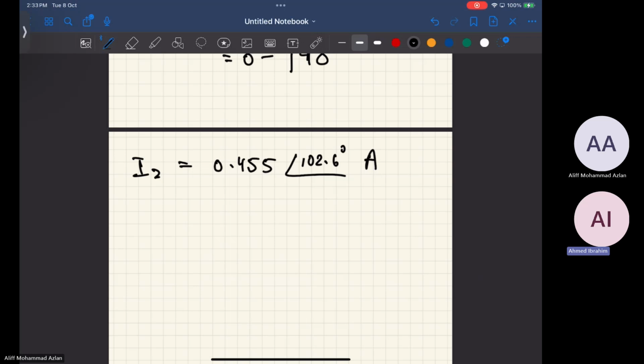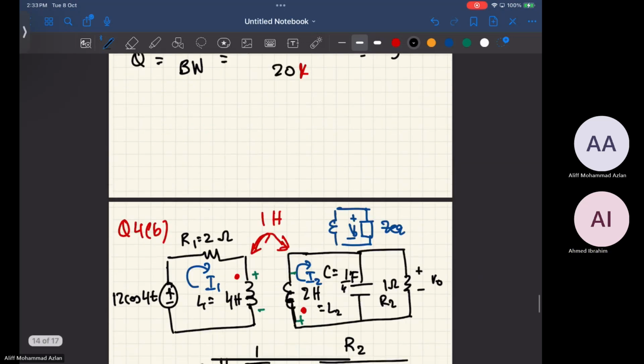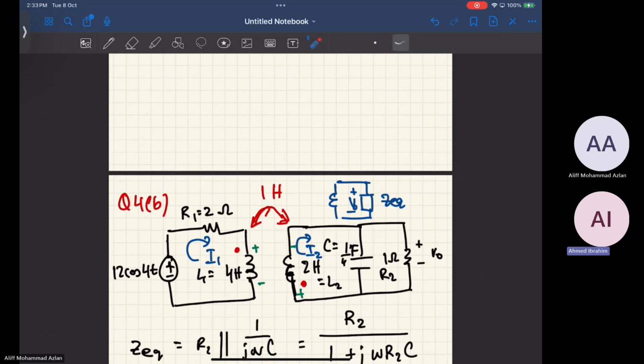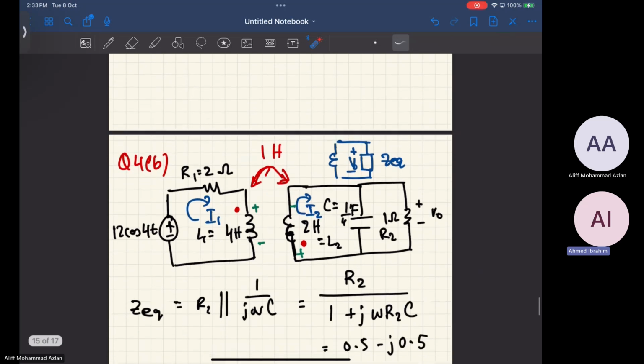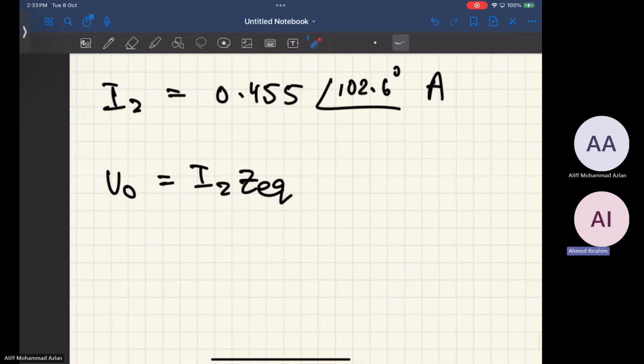Now we're almost there. The question is asking to find V out, not the current. So in this case, V out is simply I2 times Z equivalent. Essentially, the voltage drop here is the current times Z equivalent. And because we've labeled the current entering the positive terminal, then it's just positive.